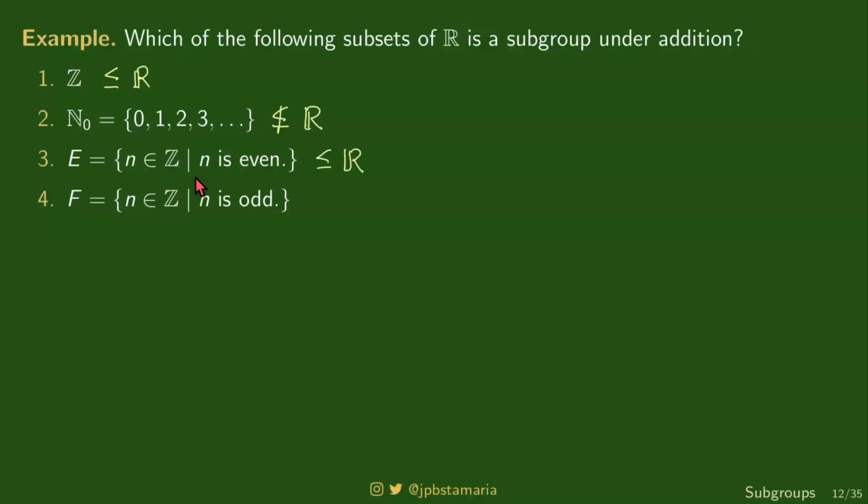Kasi una, yung identity ng R, which is 0 under addition, is even. 0 is even. You must know that, okay? Second, the sum of two even integers is also even. Last but not the least, the negative of an even integer is also an even integer. So these three tests are satisfied, therefore it is a subgroup.